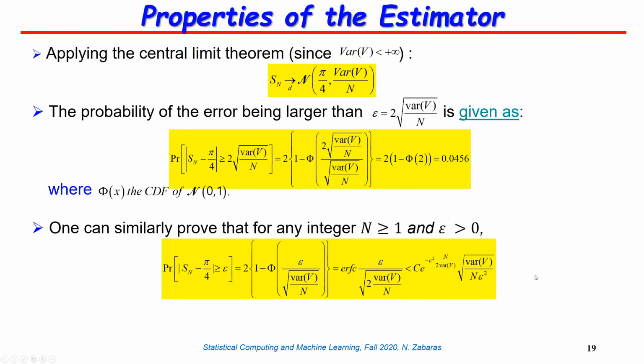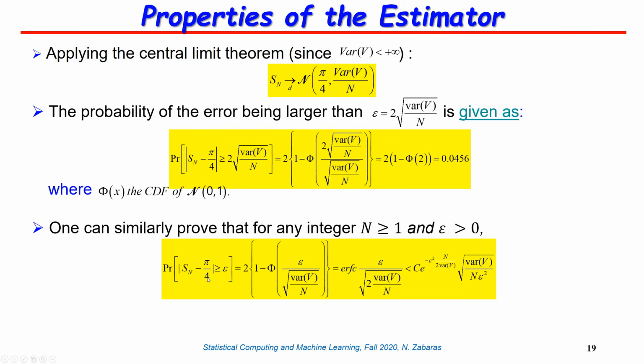And then as n goes to infinity, you can consult Wikipedia for error bounds of the complementary error function, and you can have this potentially useful bound for this error.